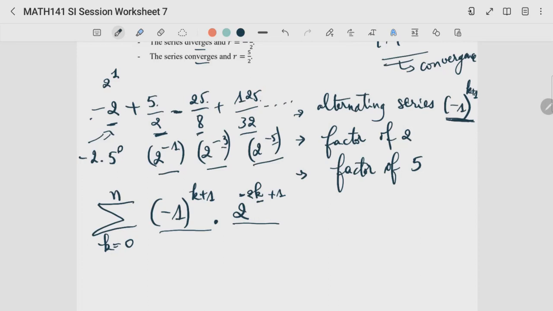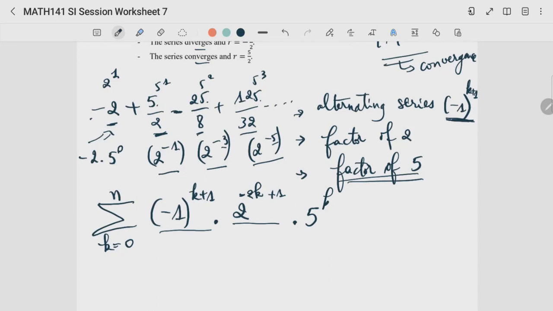Now let's look at our term in 5, because we know that we also have a factor of 5. What happens as you move from the first to the second term? You can clearly see that it's going as 5 to the 0, 5 to the 1, 5 squared, 5 cubed. So it's varying at a rate of 1.